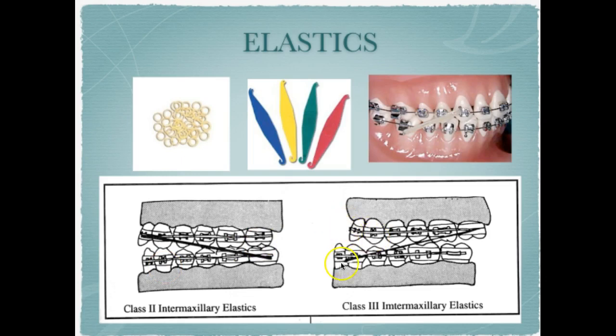In a class 3 intermaxillary elastic, you have the elastic on the maxillary posterior tooth, and then it stretches toward the mandibular anterior tooth. So this creates force to move the mandible back or in a posterior position. These elastics are all about getting the mandible to move into as close as possible a class 1 or neutral occlusion. Or if a patient has a crossbite, elastics can be used for additional force for a crossbite.